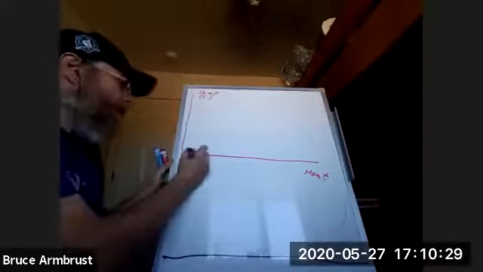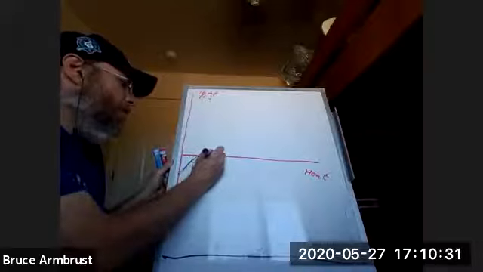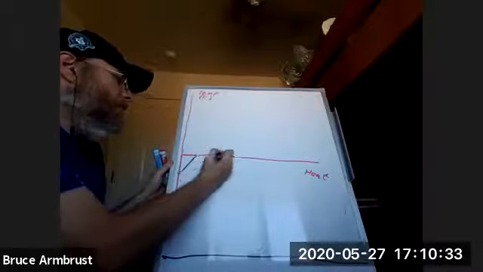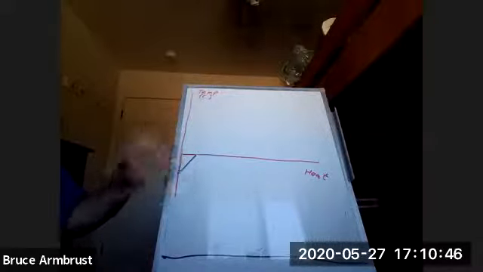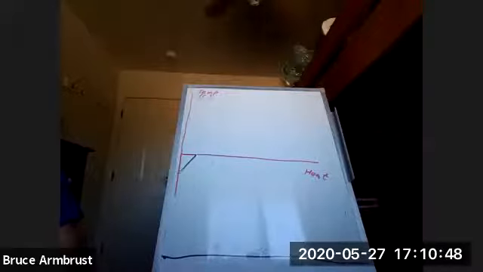And then we're going to stay at 0 for a while, as that ice starts to melt and we start getting ice and water. But that mixture is staying at 0 Celsius.